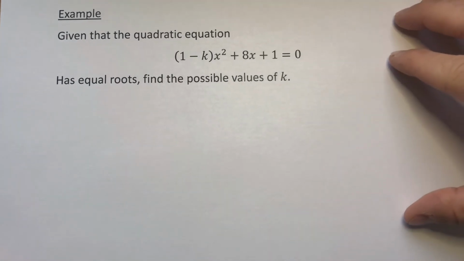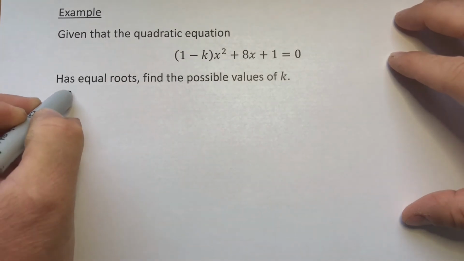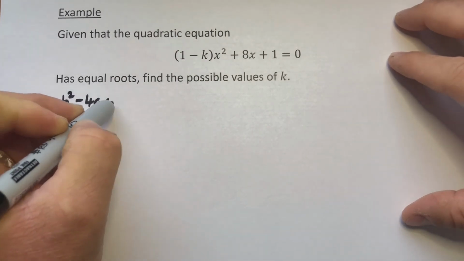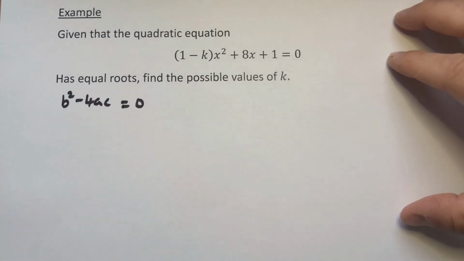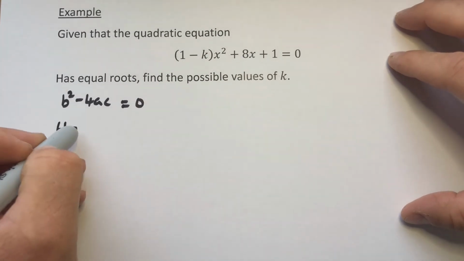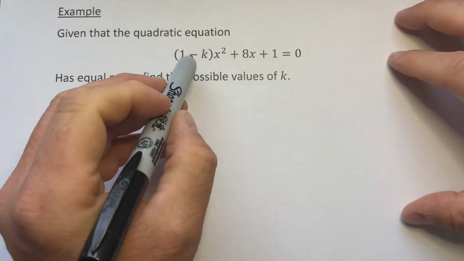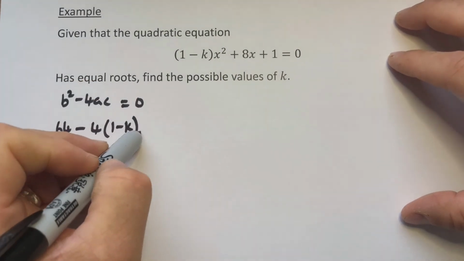So very similar to the last one, however with equal roots, we need to look at b squared minus 4ac equal to 0. So b squared minus 4 times a times c.